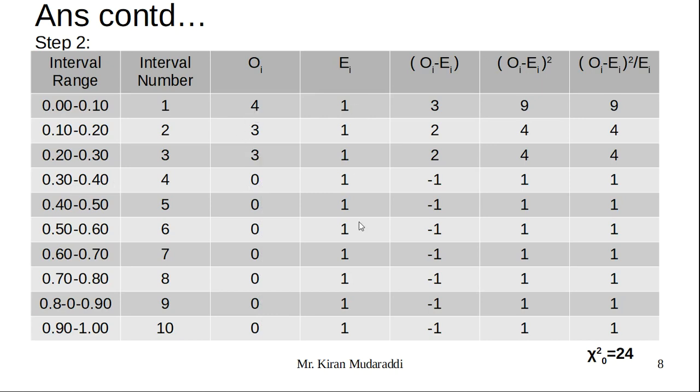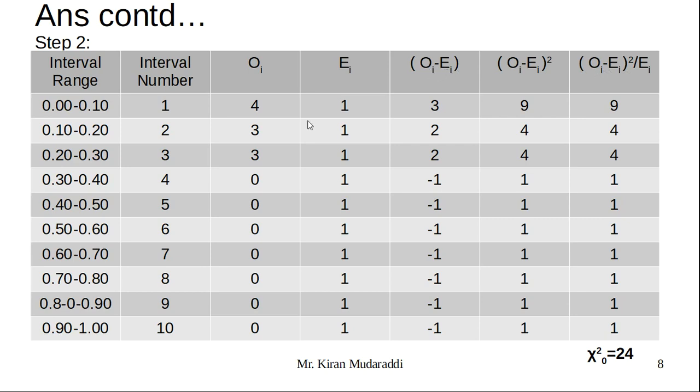So the expectation is what? At least we should have one number in that particular range. Our job is to calculate chi-square. If you want to calculate that, you need to use this formula. I divided the complete formula into two parts.